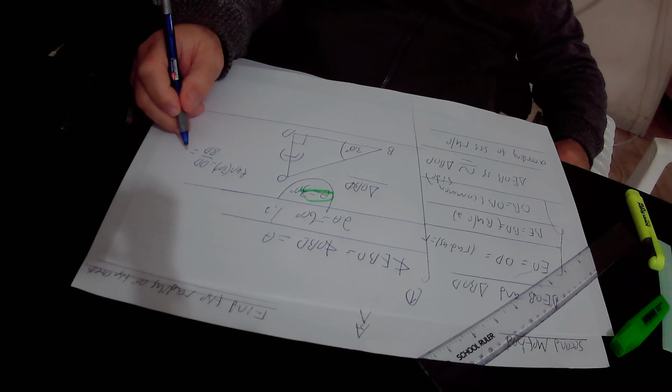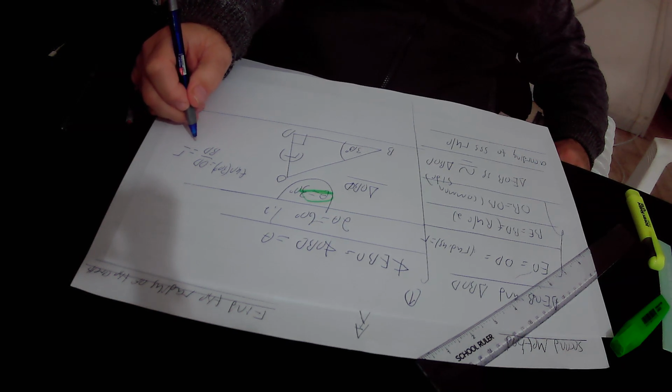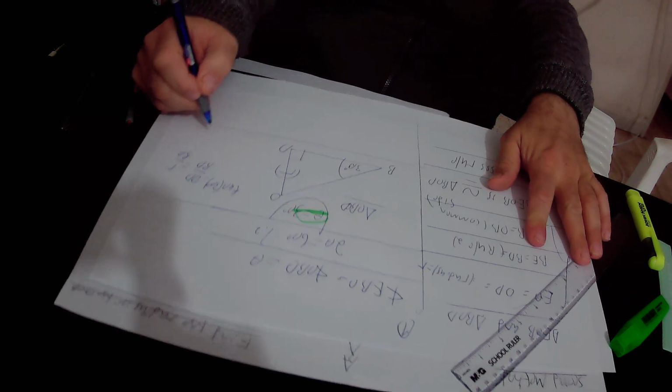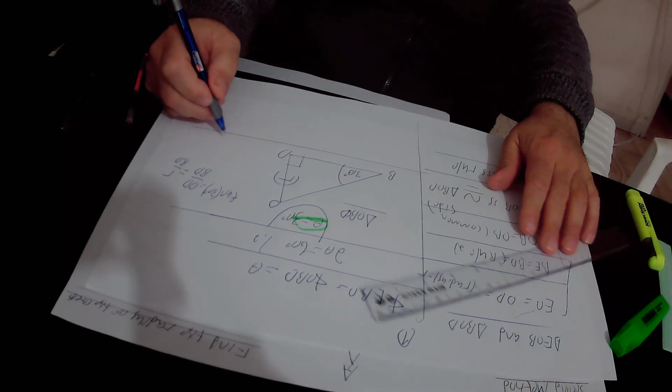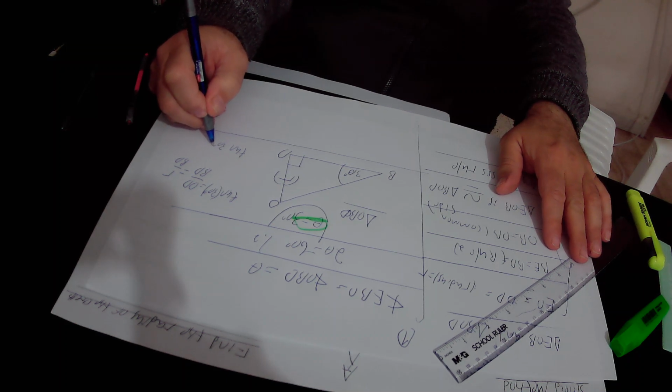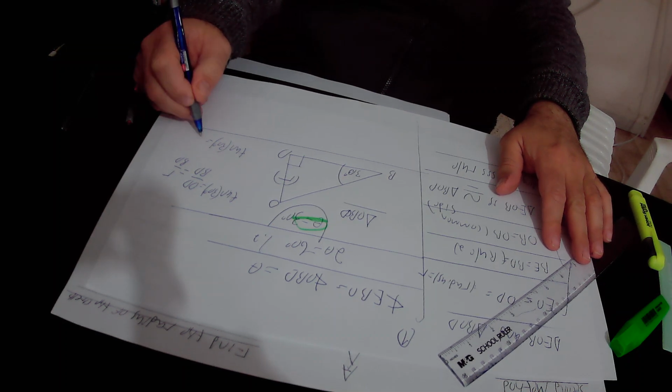OD is R, the radius of the circle, so it is R over BD. So tangent 30 degrees equals R over BD.